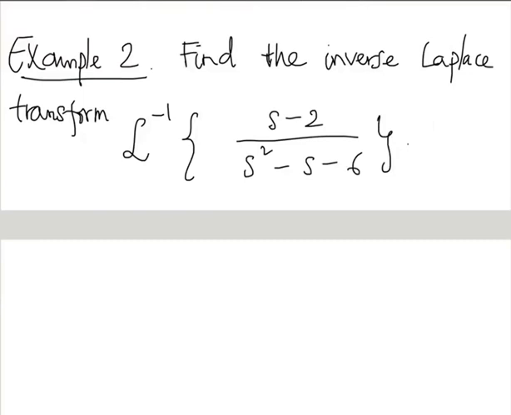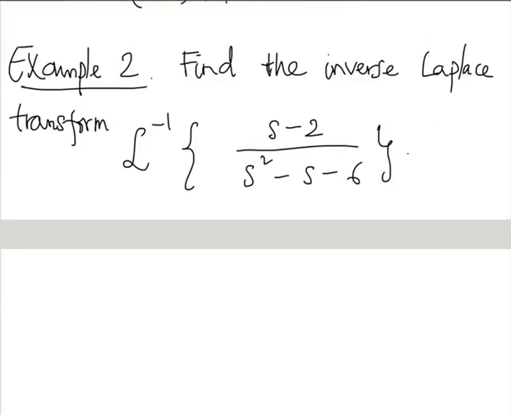Now we have a more complicated problem. By looking at the table, you don't see any formula like this that would exactly give us the answer. So we need to convert our problem into a simpler problem that we could use a table for.